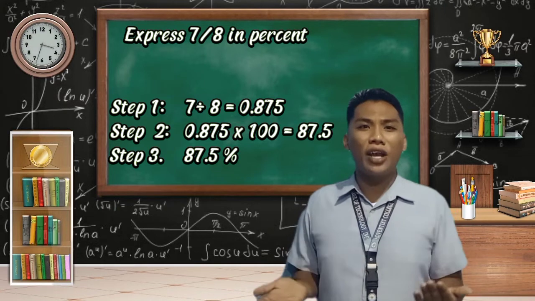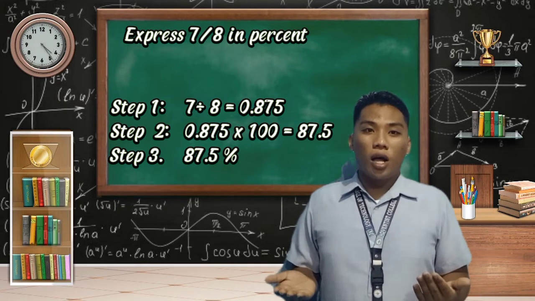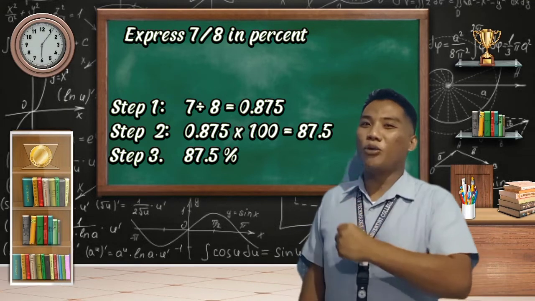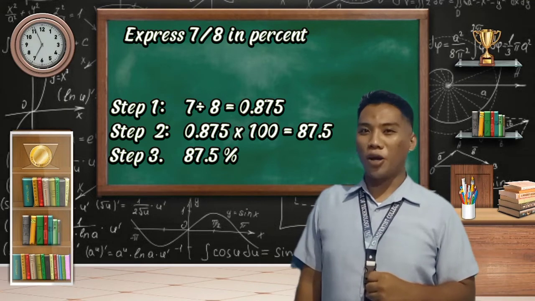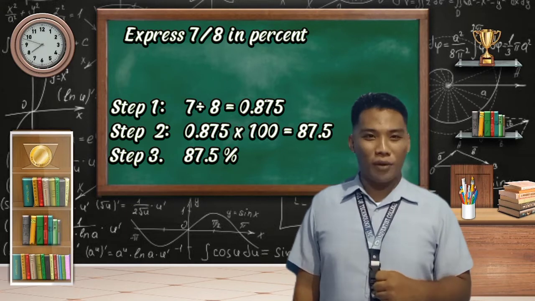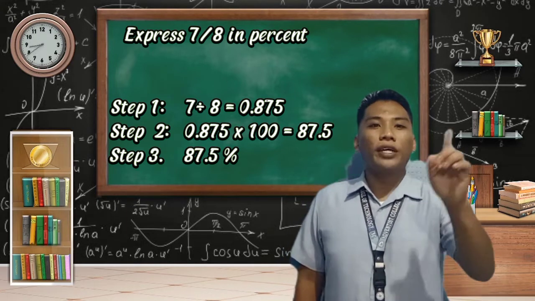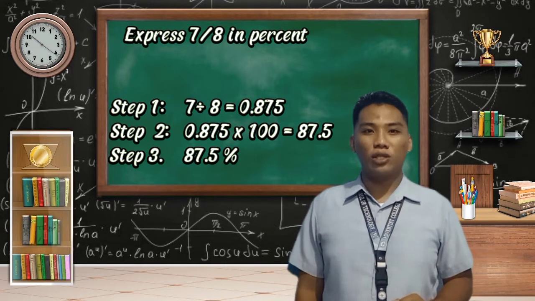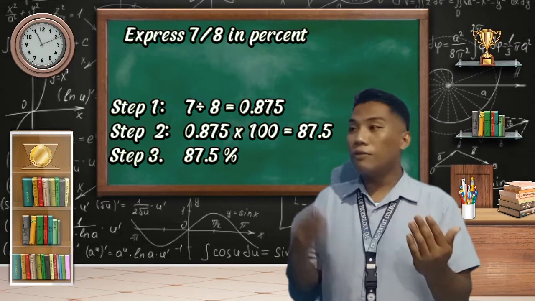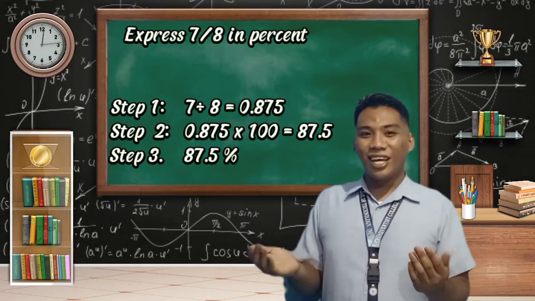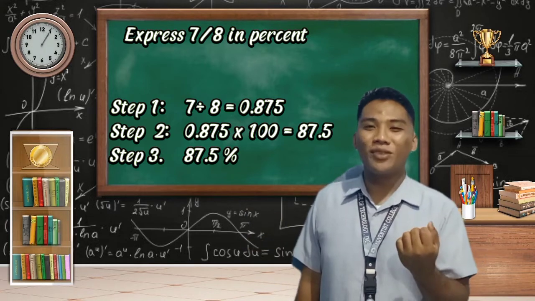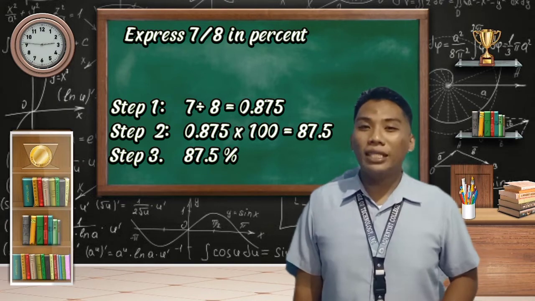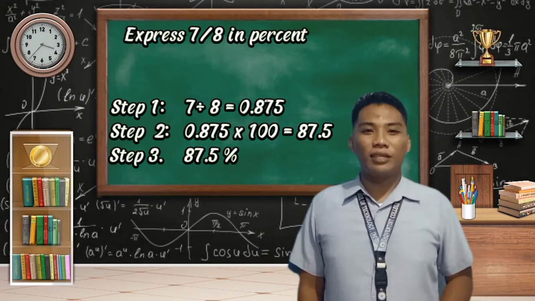How can you convert a fraction to percent? Okay, let's go through this question. Are you ready? Very good. First step, we must divide the numerator by the denominator. So 7 divided by 8 is equal to? Very good. It will be 0.875.